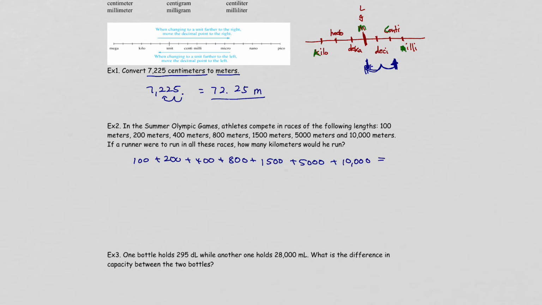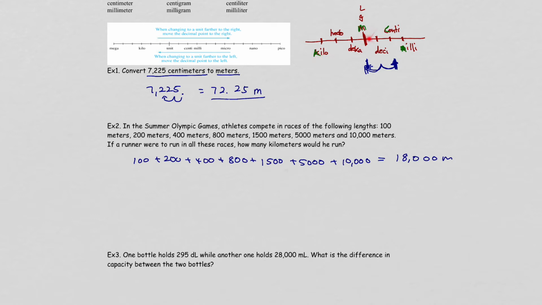You will end up getting 18,000 meters, right? 18,000 meters. And what you're trying to do now is go from meters to kilometers. When you're looking at this chart, kilometer is right here, and meter is the base unit.